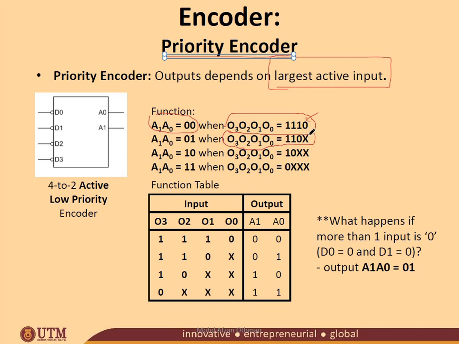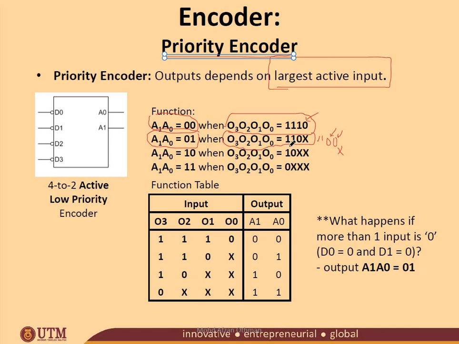So if you have 1 here, no problem, it will still come out like this as the output. However, what if you have 1, 1, 0, 0? When this happens, it will choose this, the most significant active input. Okay, so this one will be treated as the least priority. So that's why in this position, it is don't care whether it is 1 or 0.